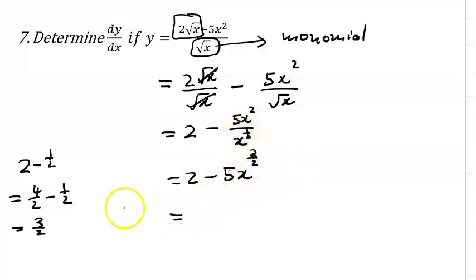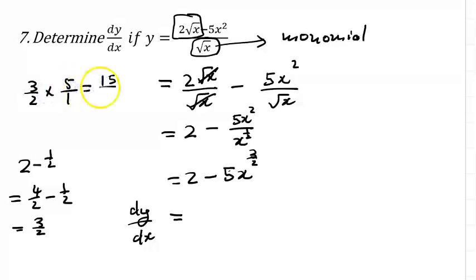Okay, so therefore, dy/dx, derivative of a constant is 0. 3 over 2 times minus 5, so 3 over 2 times 5 over 1, that's equal to 15 over 2. So that'll be minus 15 over 2 x.